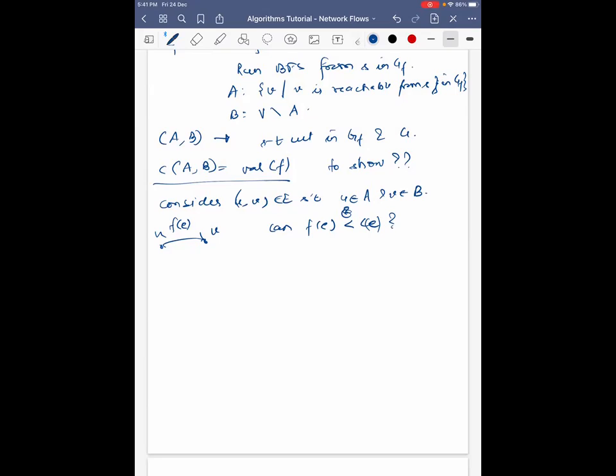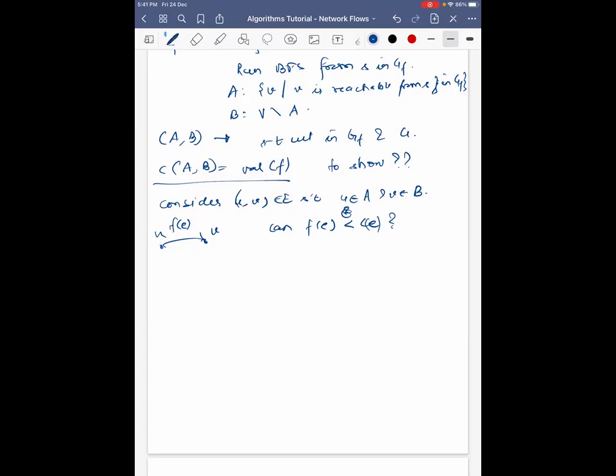Because we are using that path in our argument, right? That there exists a path from S to T which includes UV. And then we can add some more flow. See, if the flow on an edge is 0, why do I really care about it?